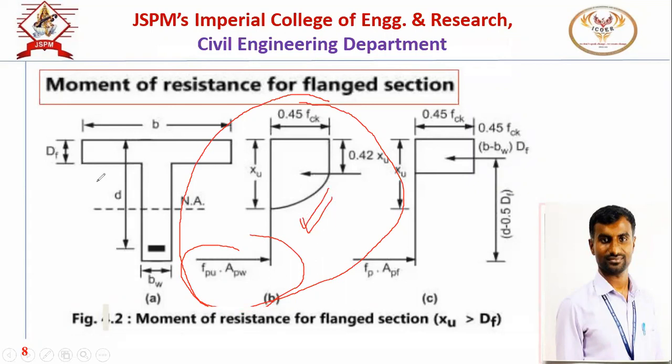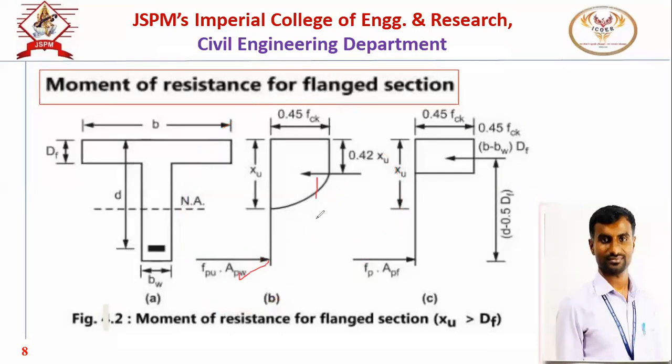Now for the flange section, it will be a combination of this particular force into this lever arm, this perpendicular distance. What we want is the moment of resistance, so it should be force into the perpendicular distance. Now this is the force, and this is the perpendicular distance.